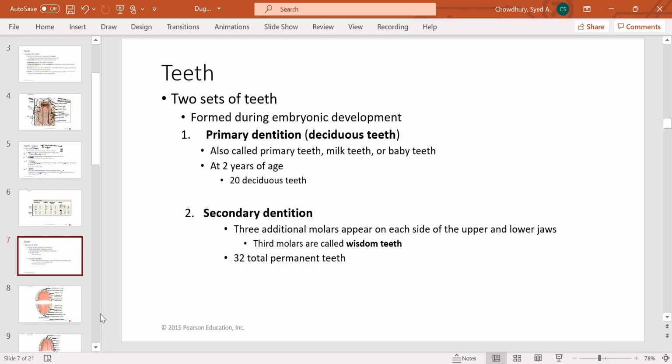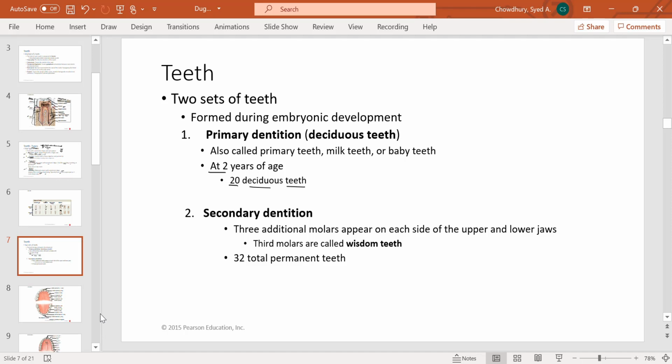So as I mentioned, there are 20 deciduous teeth that erupt by 2 years of age. Okay, and these teeth are also called primary teeth, milk teeth, or baby teeth.